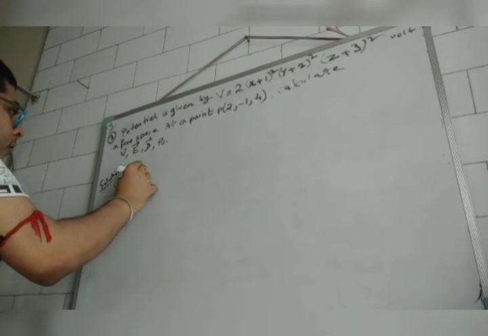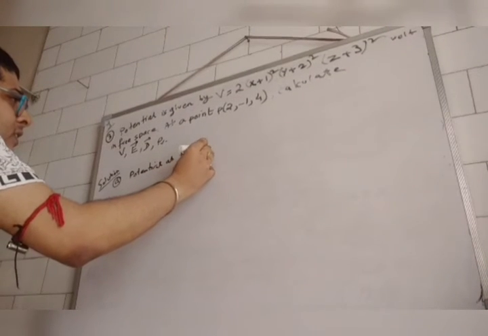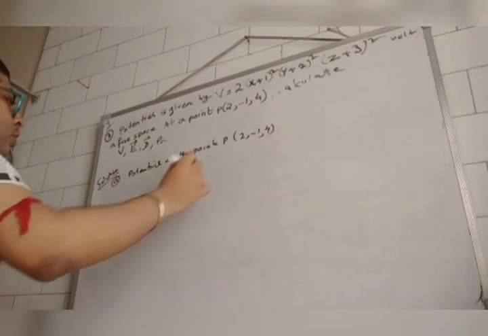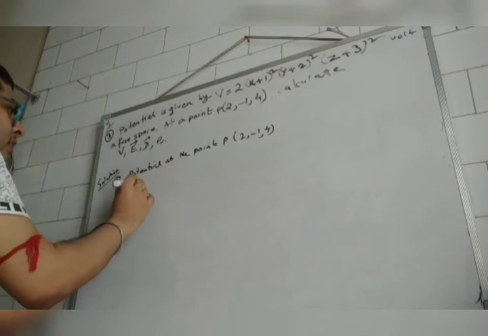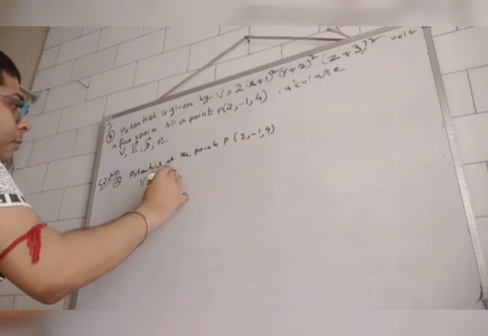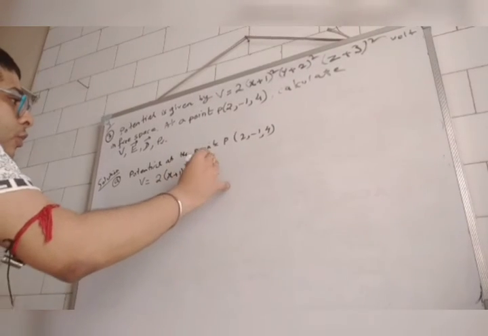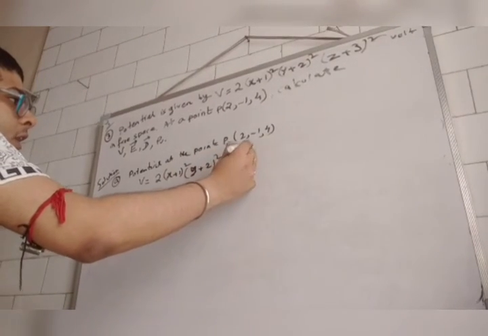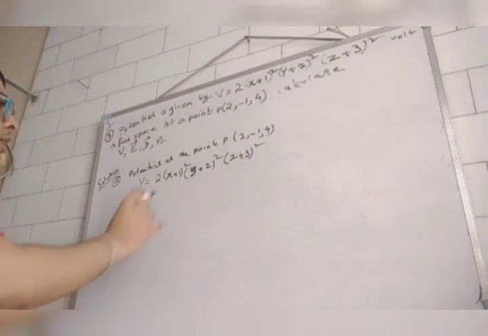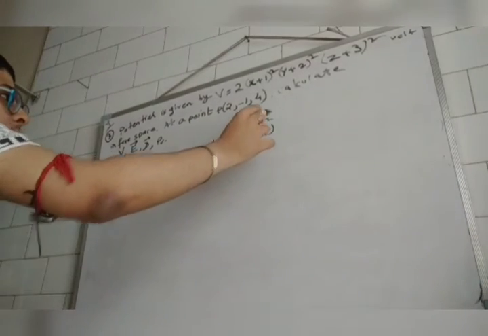So potential at the point P, 2, minus 1, 4. See, the potential is already given here, so you need not calculate any extra things. What you have is 2x plus 1 whole square, y plus 2 whole square, z plus 3 whole square. Now at this point, 2, minus 1, 4, we have x, y, z.